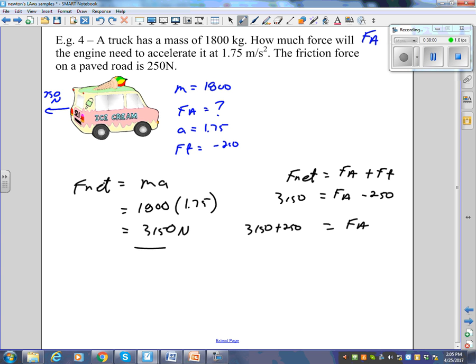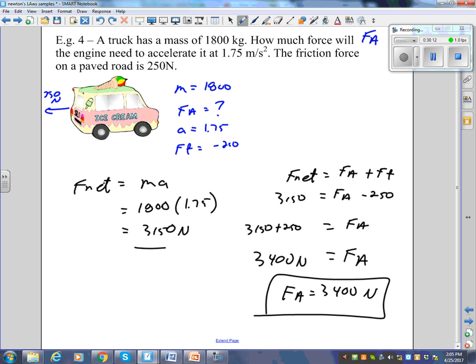You take that 250 on the side and it becomes positive, and then what is your FA? You'd be surprised if you guys got 3,400. Give yourself a round of applause, because the vast majority of grade 11 students at that point instantly go 3150, subtract the friction, and get 2,900.